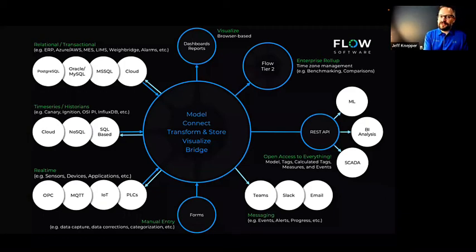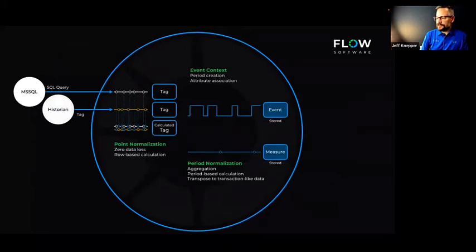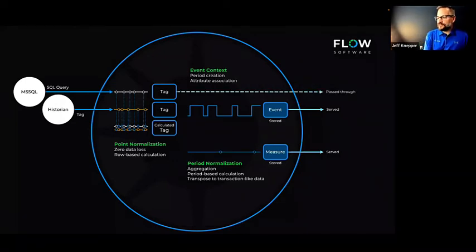Everything from the attributes to the events that get stored to the measures that get stored, you need to be able to serve that out via that API. So it's not just what you store, but also what you can pass through. Through that same API, I should be able to query the underlying tags in the data sources, whether that's a historian or a SQL database.